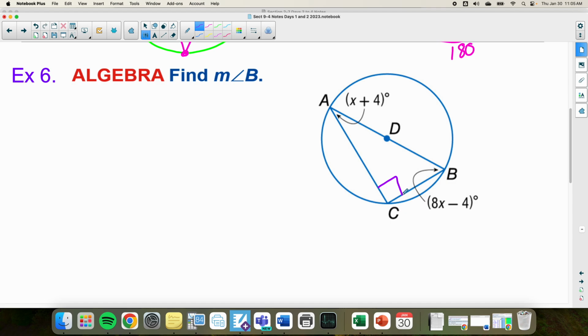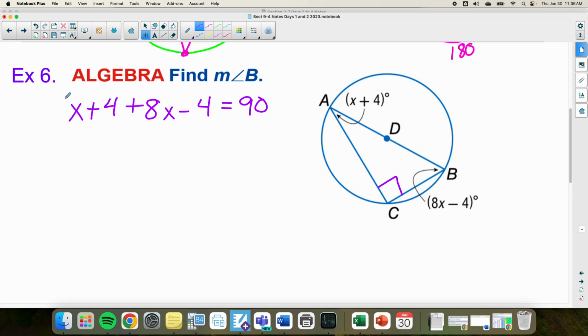Now, notice they're giving you angle A and angle B. Do you guys remember talking about if this is 90, don't those two angles add up to 90, right? So we're gonna add those together, x plus 4 plus 8x minus 4 equals 90, okay?